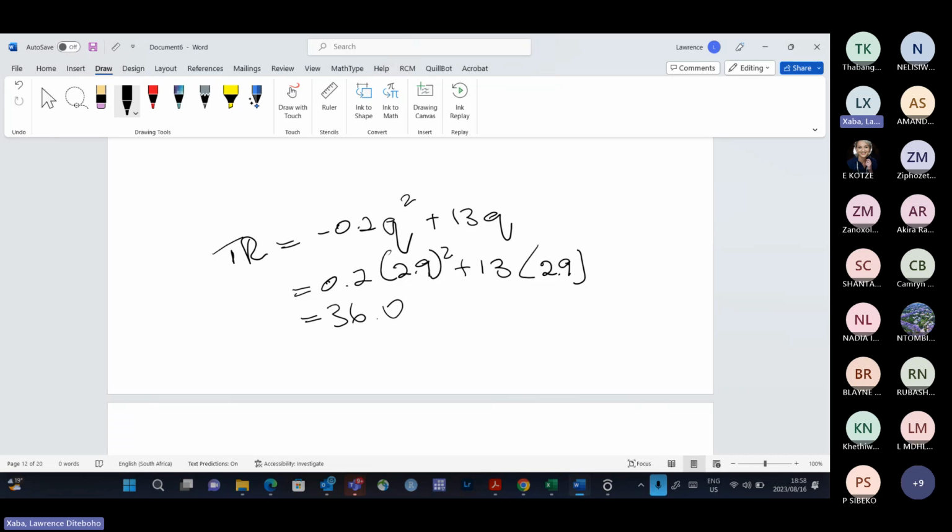Let me check something quickly. Okay, 0.2 q squared equals to 30.